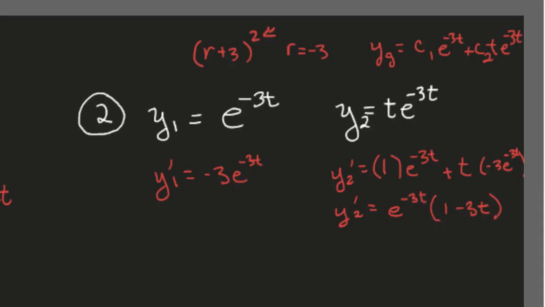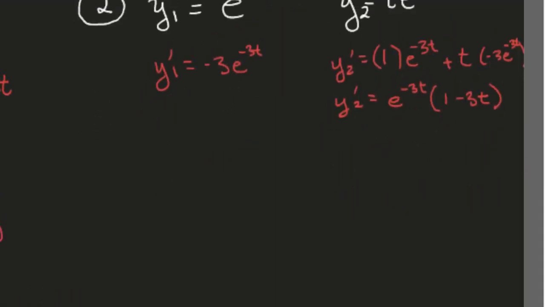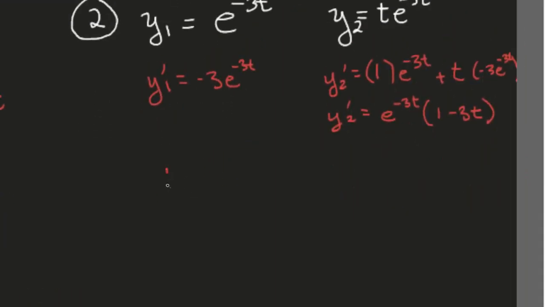So set up your Wronskian from that. y1 goes in the first spot, its derivative below it, then y2 goes up here, and its derivative down here.